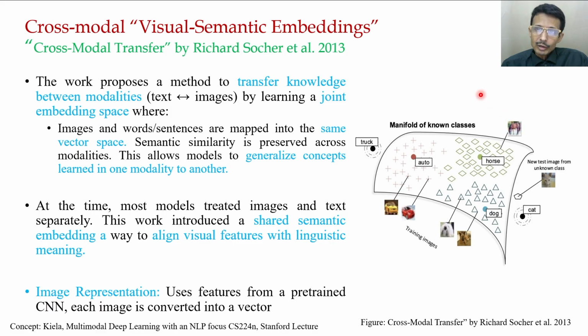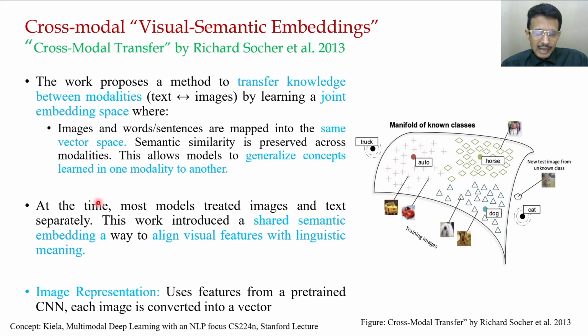These are from two different modalities, one image and one text, but semantically they are close because both are about the horse. So that is semantically similar. Semantic similarity is preserved across modalities, and this allows the model to generalize concepts learned in one modality to another. That is the basic concept.